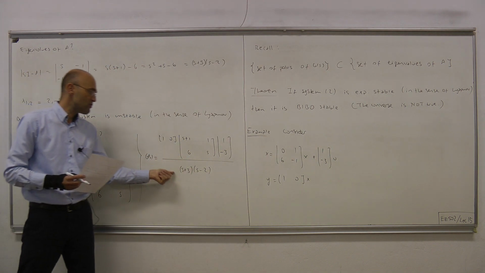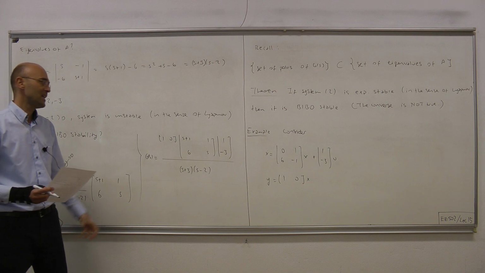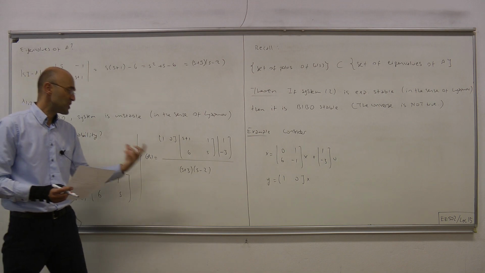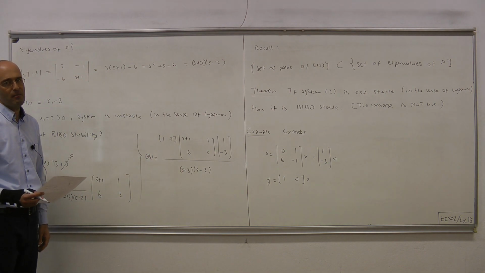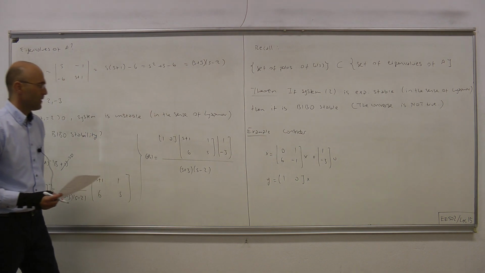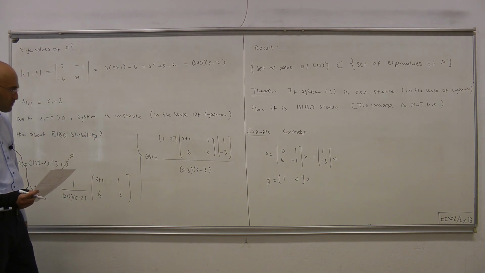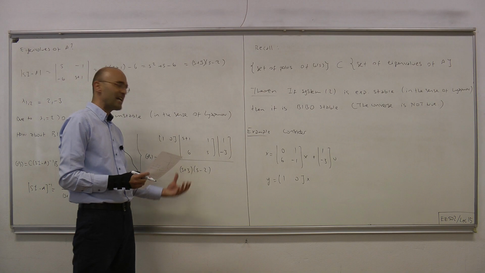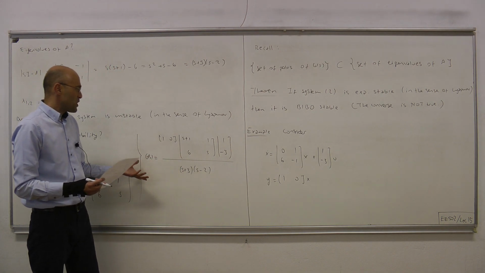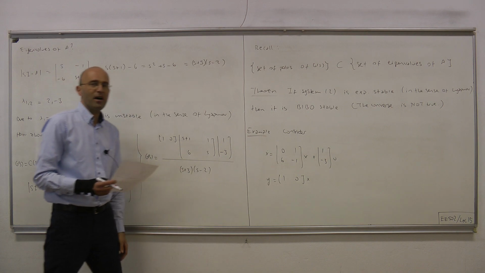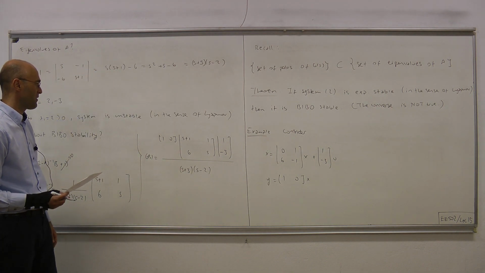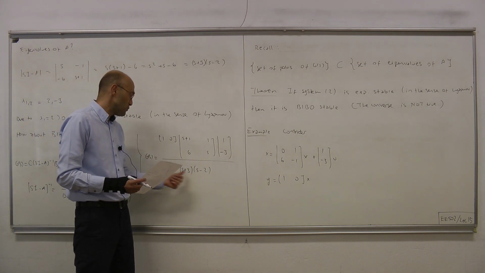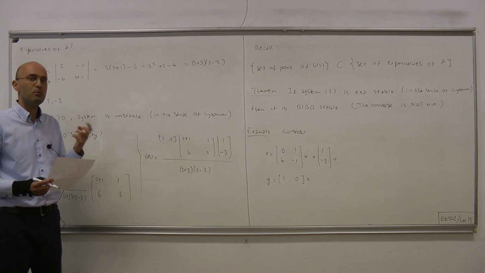And since everything is divided by this characteristic polynomial, the set of poles of the transfer function must be a subset of the eigenvalues of the A matrix, because the roots of this characteristic polynomial are by definition the eigenvalues of the A matrix. Now, here we have the s minus 2 term, and it's dividing everything. And therefore, what we expect is a pole at s equals 2. So we expect, therefore, that if the system is not stable in the sense of Lyapunov, it cannot be stable in the sense of bounded input, bounded output stability either.